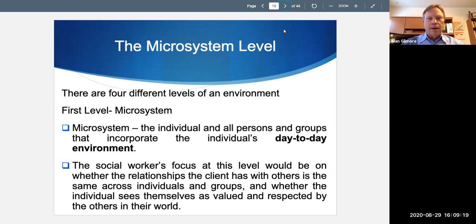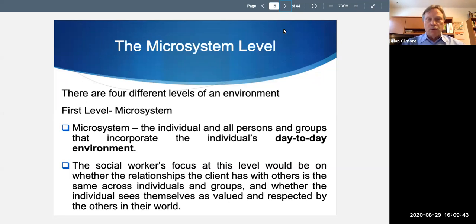So let's start. And the very first system that we want to talk about is called the microsystem. And again, to begin with, there are 4 different levels of an environment, with the first being the microsystem. So for purposes of a definition, the microsystem is considered the individual, so the client that you're working with, or whoever it is.